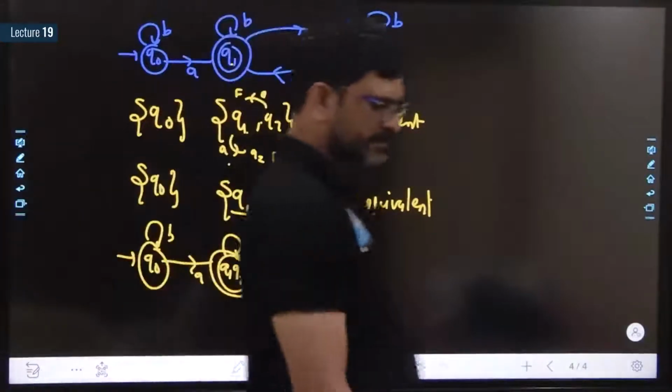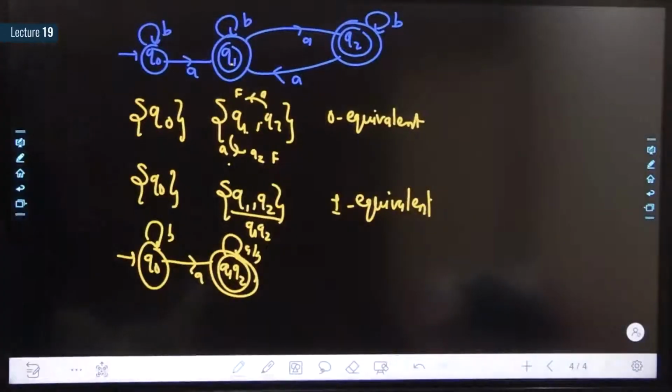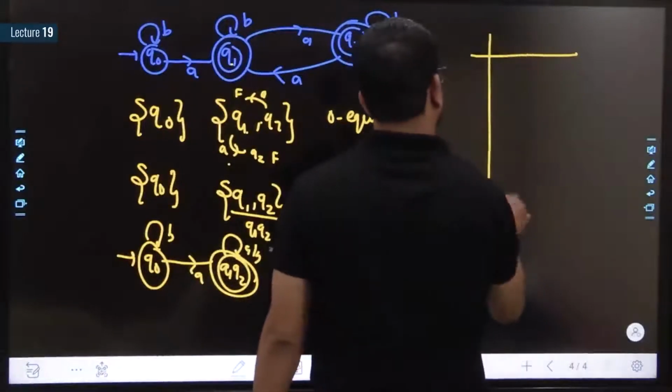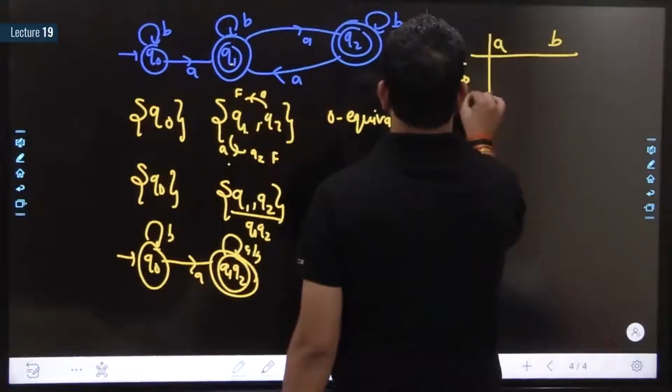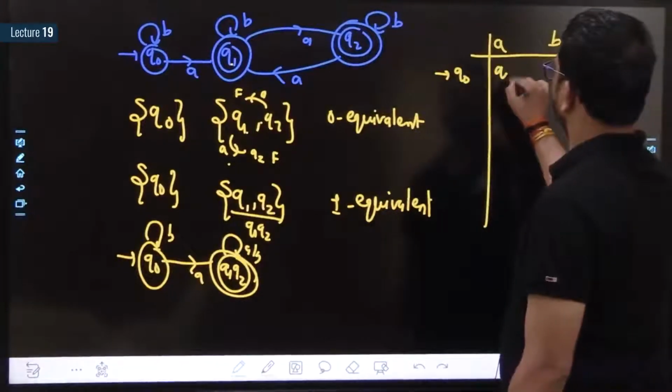Check by the transition table. Do it yourself by the transition table. Okay, see. A, B. Q0 on A, Q1.